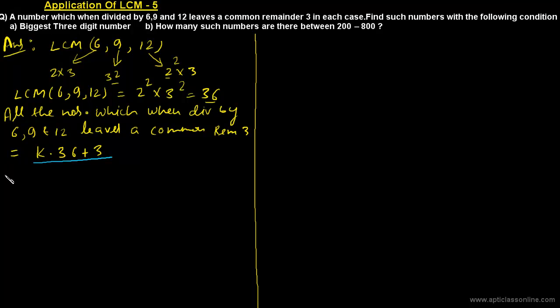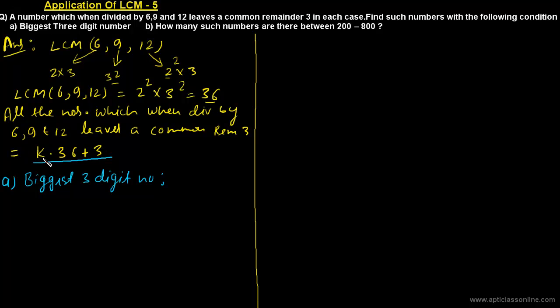So let's take the first one, that is part A. We have to find the biggest 3-digit number. That means we have to find the biggest 3-digit number which, after dividing by 6, 9, and 12, leaves a common remainder 3. So basically we are trying to find the value of k.